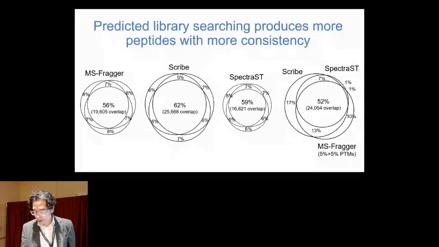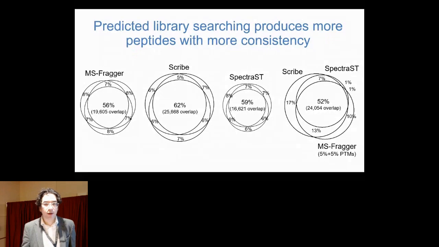In particular, if we compare the peptide overlap of detected peptides from Spectrast, this straw man representative tool, versus Scribe, Spectrast is almost entirely contained within Scribe.